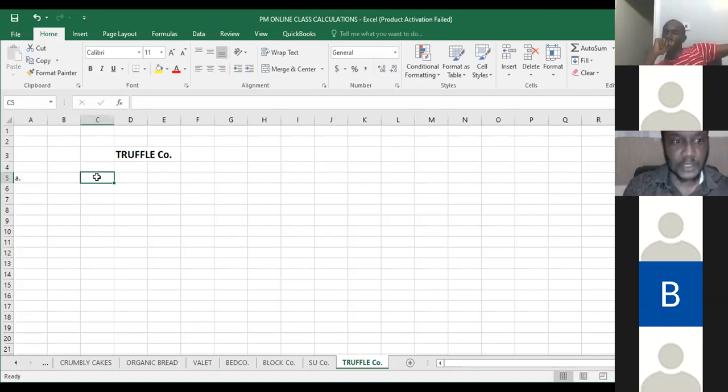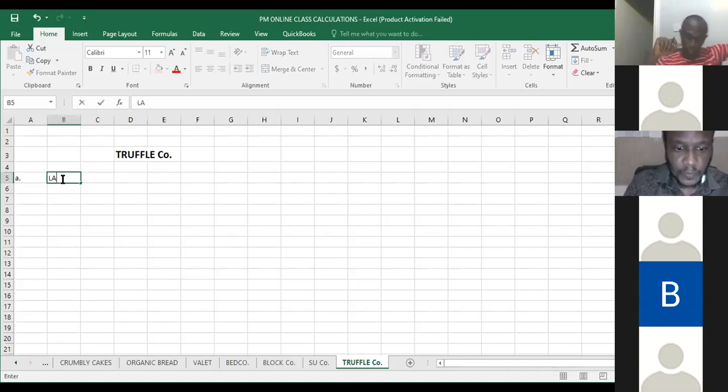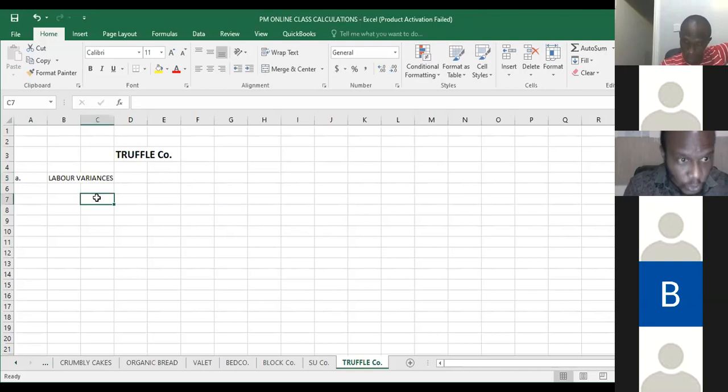So we'll start with our labor variances. And I'm glad that my time has shortened as much as it has. It's just explanation that will cause us a little delay. If not, we'll just start putting, so standard hour, standard rate, right?